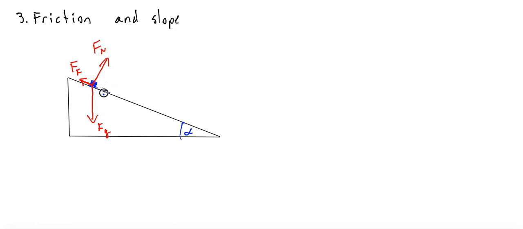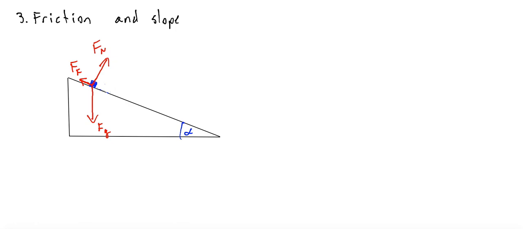Gravitational force always acts vertically downwards. Normal reaction force is always perpendicular to the surface, and frictional force acts opposite to the direction of motion. Let's assume that the object slides down, that friction is not too high and is not able to keep the object stationary.